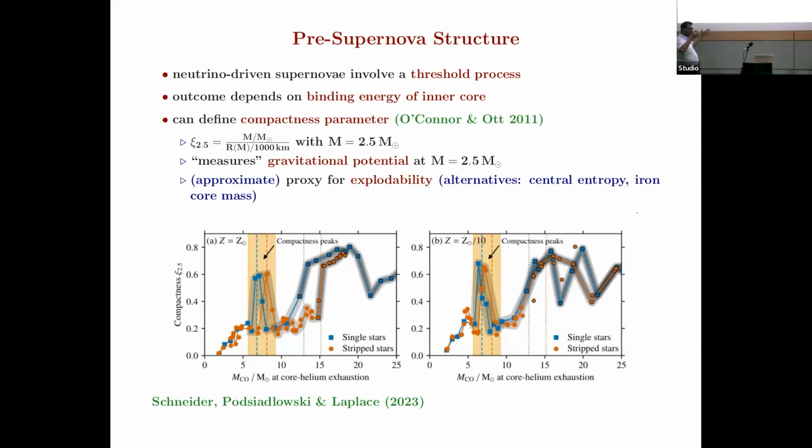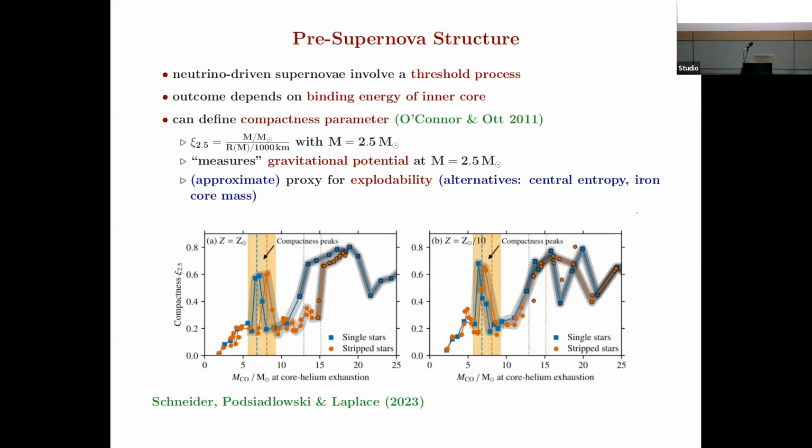So if the star is very compact, it has very negative energy. It's much harder to explode it than if it's less compact. And so you see, we can see the compactness landscape. This is plotted here as a function of the core mass of carbon and oxygen. So it's taking off the hydrogen and the helium, because that's more useful. And you see this characteristic landscape.